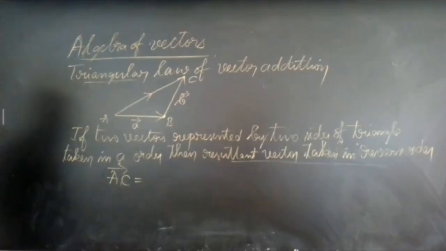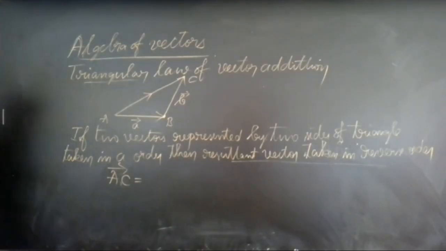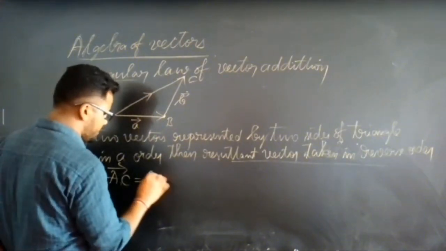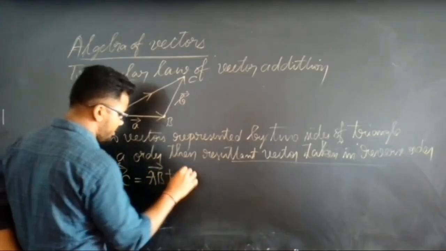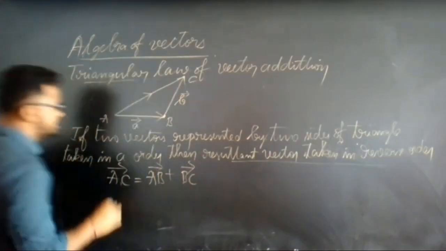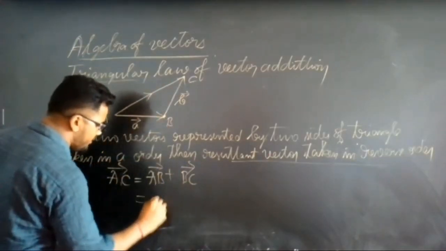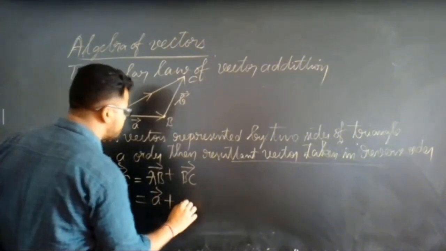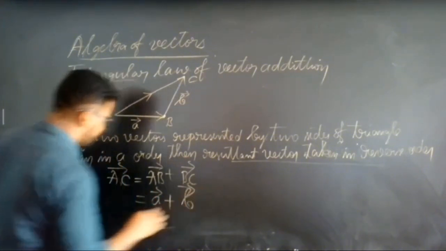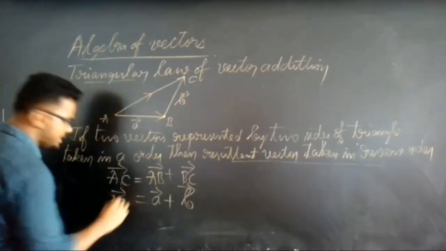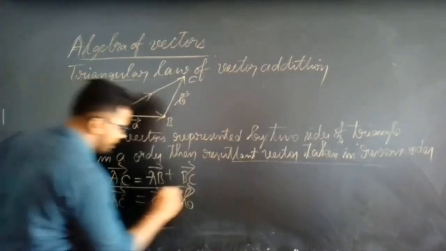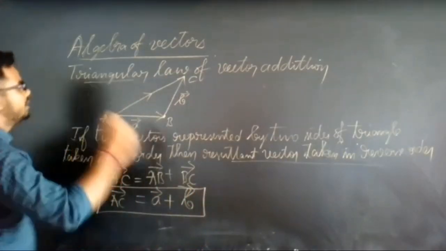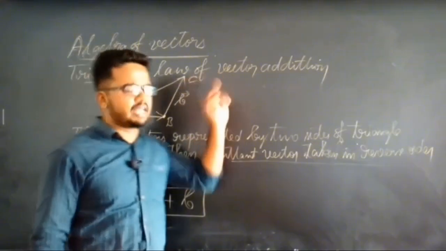Vector AC is equal to AB plus BC. But we consider AB as vector A, plus vector B is AC. This is the triangular law of vector addition.